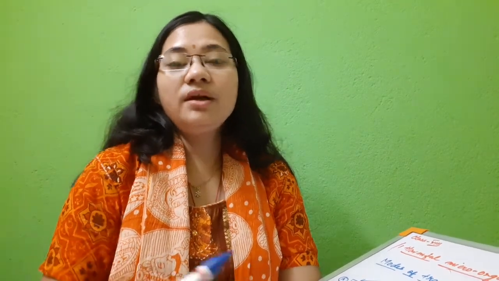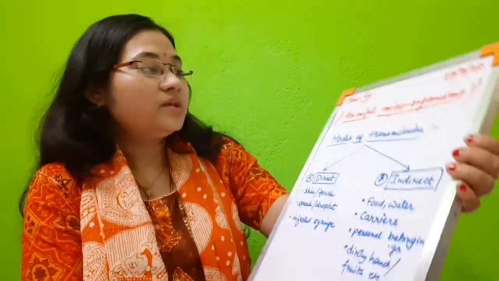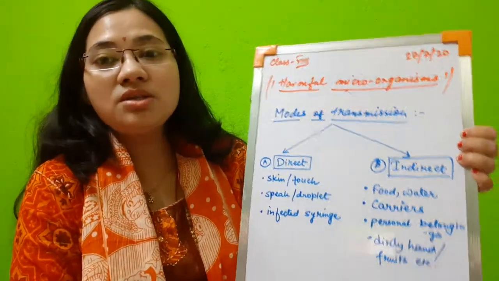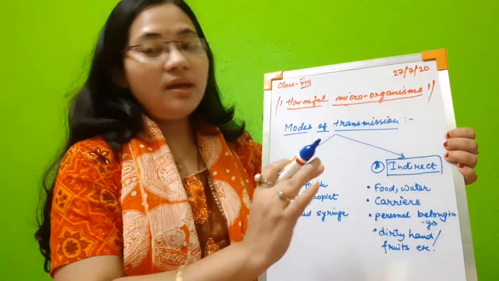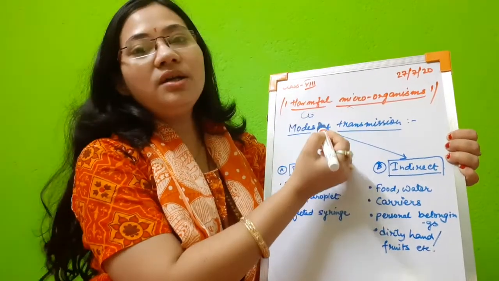Now let us see how these communicable diseases or infectious diseases are transmitted from one person to another, that means from an infected person to a healthy person. So what are the modes of transmission in case of communicable diseases?